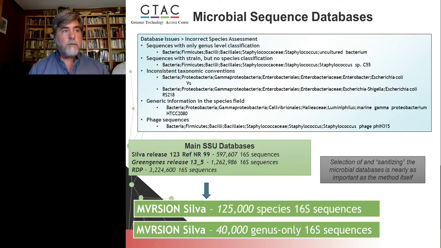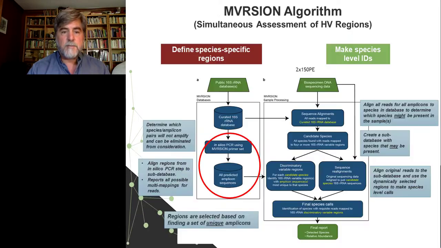So we do a good job at identifying species, but we try to leave no stone unturned, and we also do genus level calls on the things that we can't get species off of. So this is just a picture of the curation of our database.